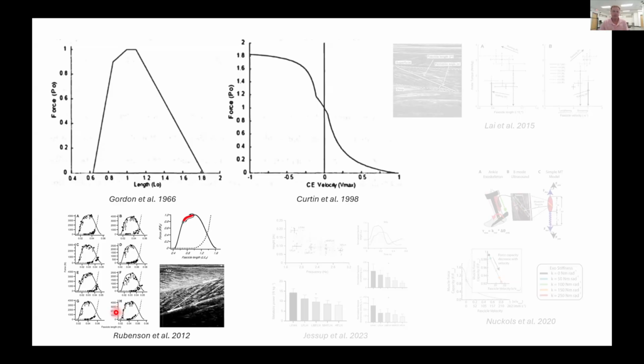Then after creating those profiles, they kept the ultrasound over those muscles, took them out of the dynamometer, and had them walk, again with that ultrasound still on, to see where on the force length curve soleus tends to operate throughout a walking stride.